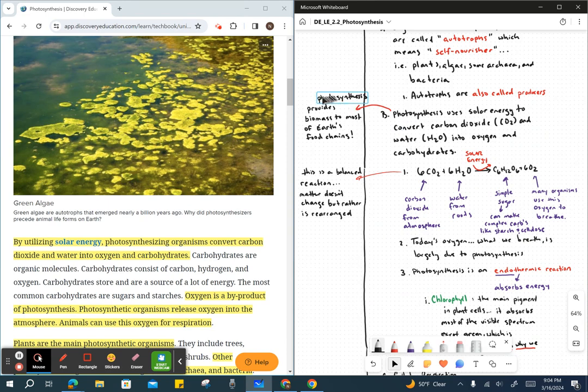It's important to note here, you got this on the side margin here, photosynthesis provides biomass to most of Earth's food chains, whether you're aquatic, think phytoplankton and algae in the oceans and lakes. They're feeding zooplankton and small organisms that small fish will eat, and bigger fish will eat those, and larger fish will eat those, right?